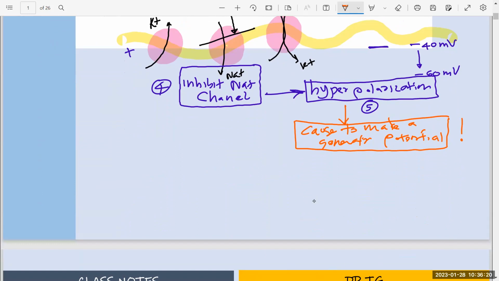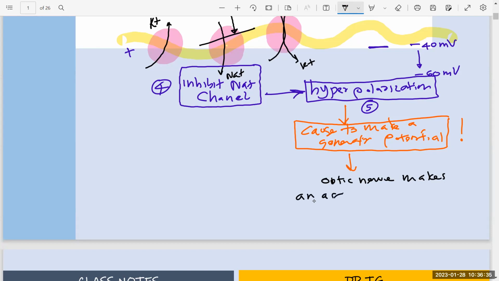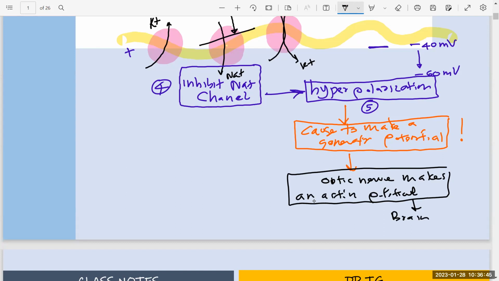The last step is the action potential, and this causes the brain to identify the light.